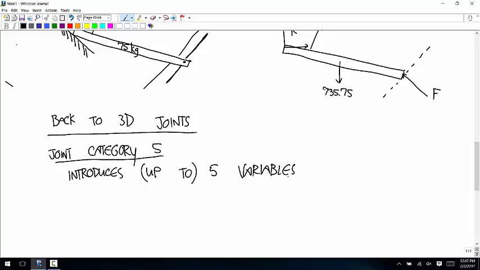And it does it by introducing 3 force components and 2 couple components.